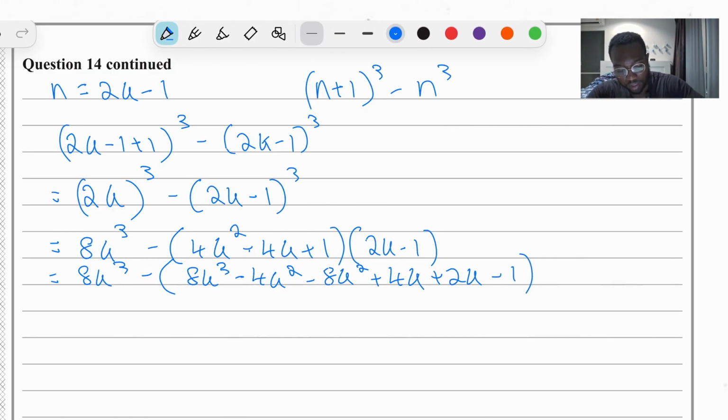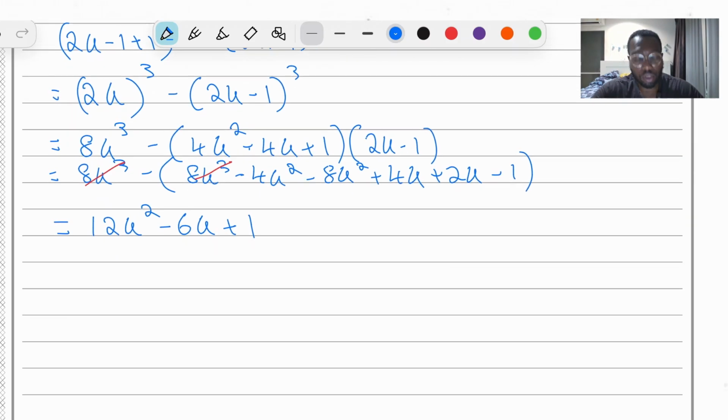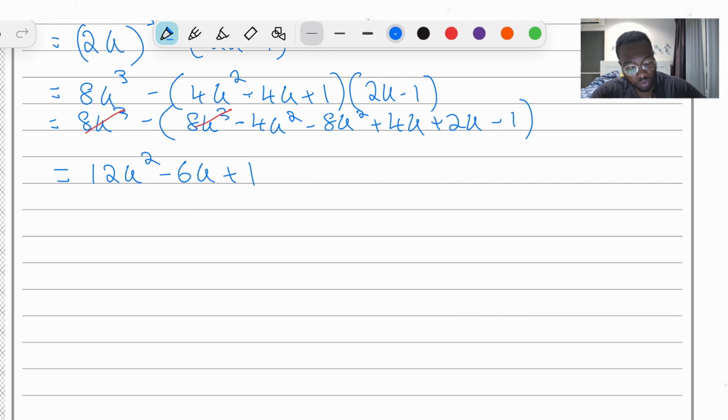Okay, and then the 8k cubes will cancel out. We're left with minus 4 minus 8, so minus 12k squared, so a positive 12k squared with that minus on the end. 4k plus 2k is 6k, so that will give us minus 6k, and then minus 1 times minus 1 is a positive 1. So we're left with 12k squared minus 6k plus 1, and similar to the first part of the question, let's take out the factor of 2.